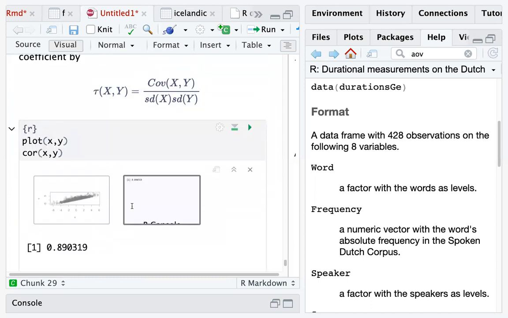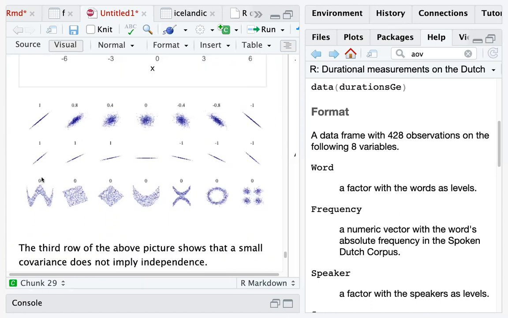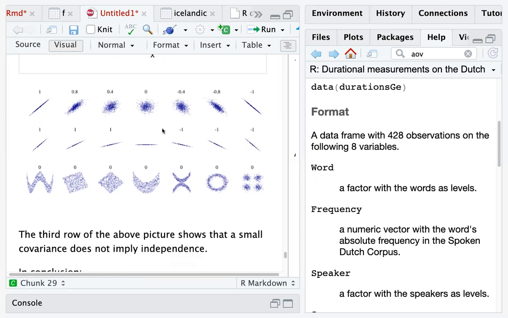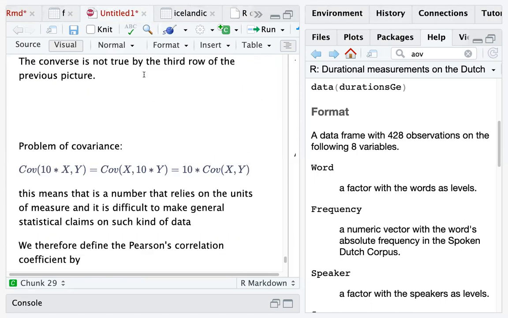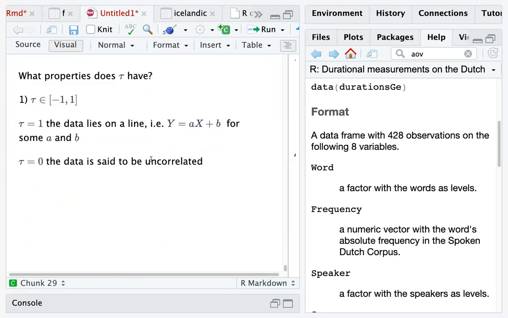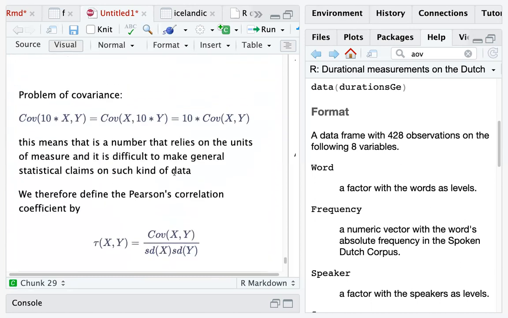If you go back to this picture, tau is the Pearson's correlation coefficient, these numbers here.